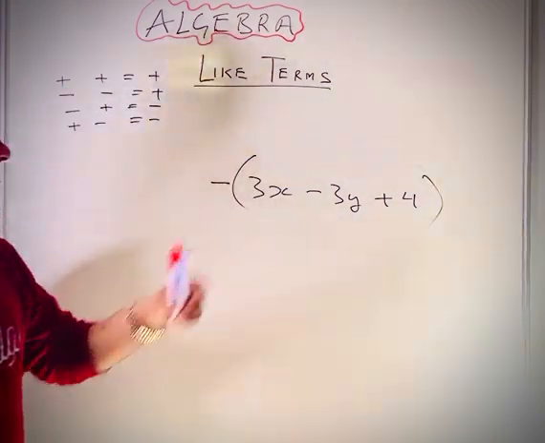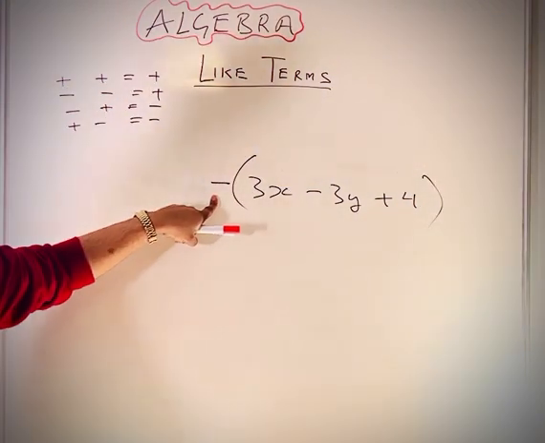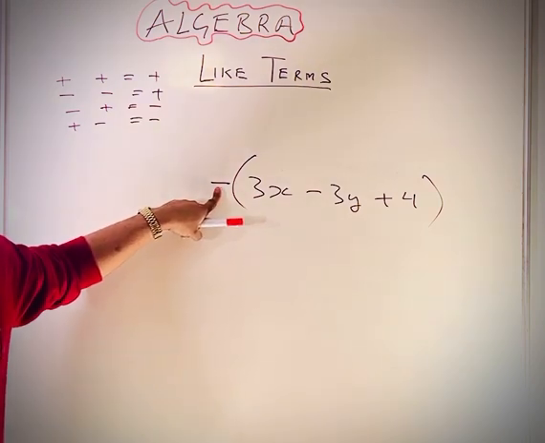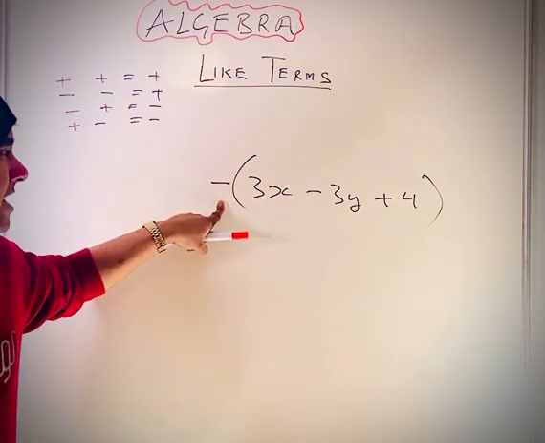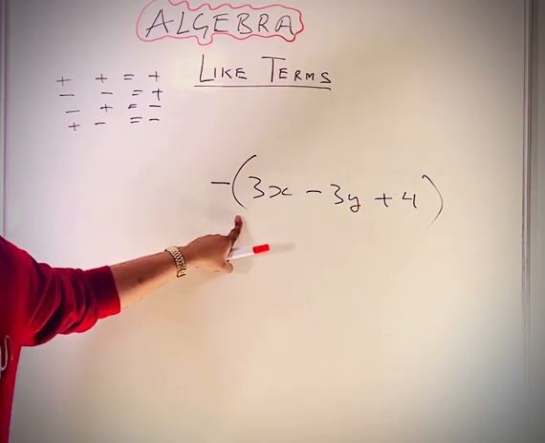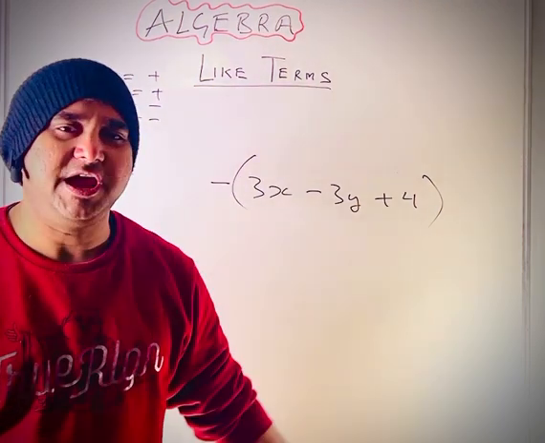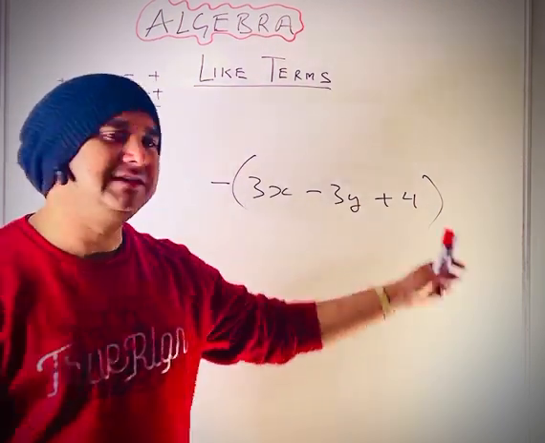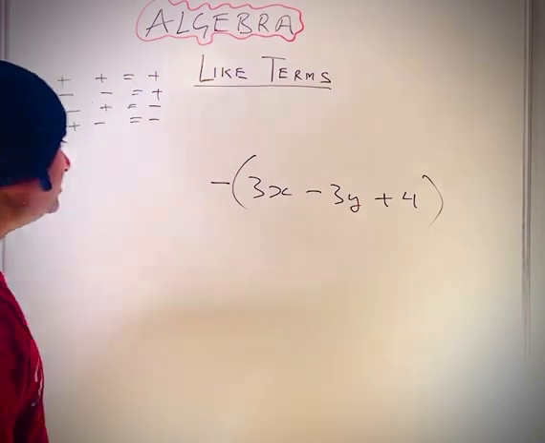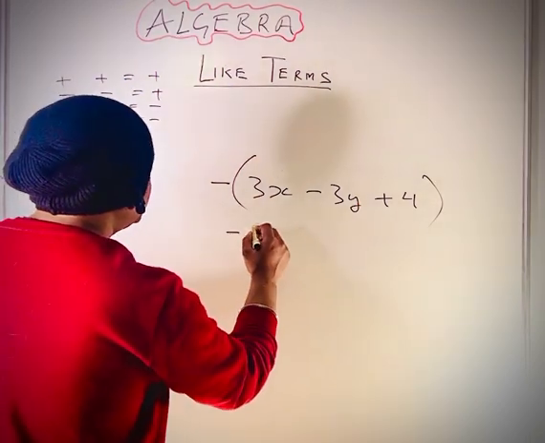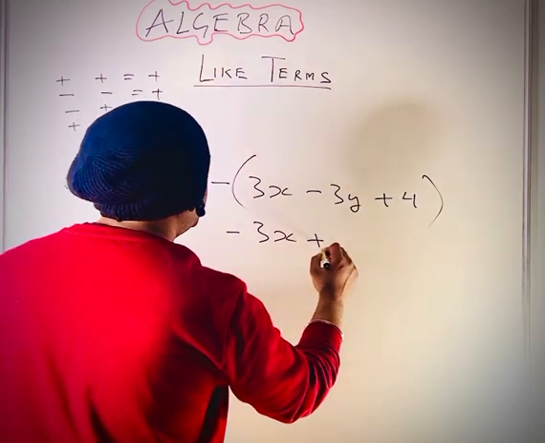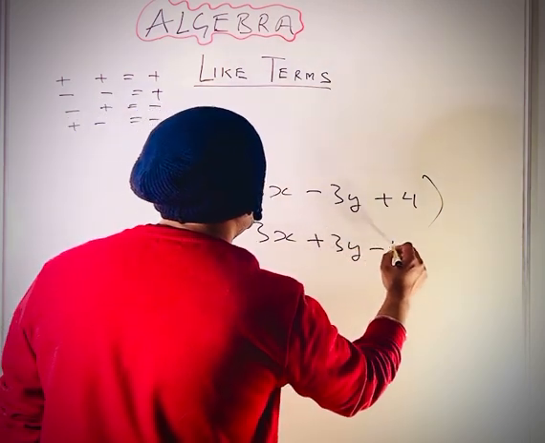Let's say you have this expression and there is a minus sign before the bracket. When you're going to open this bracket, the old sign inside the bracket is going to be changed. So it will become minus 3x plus 3y minus 4.